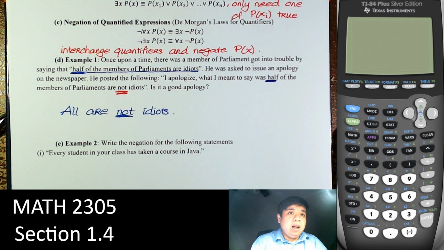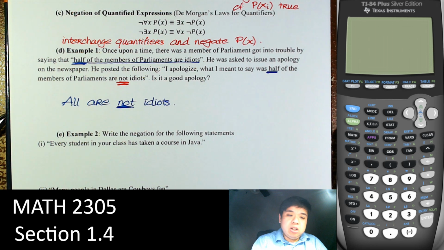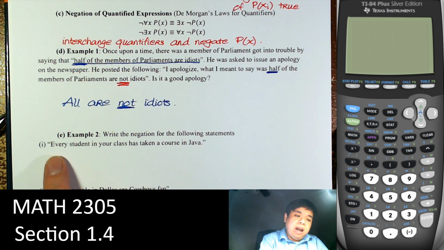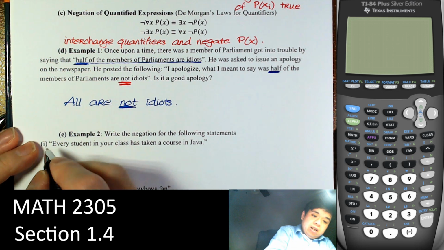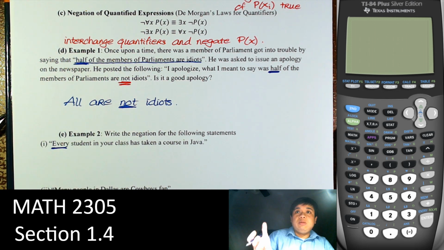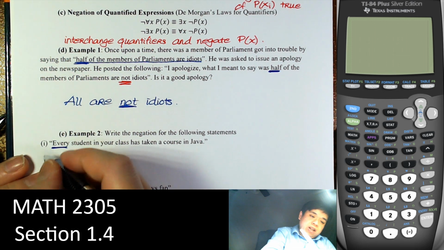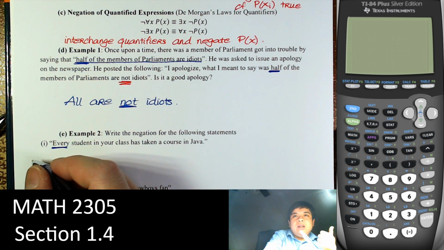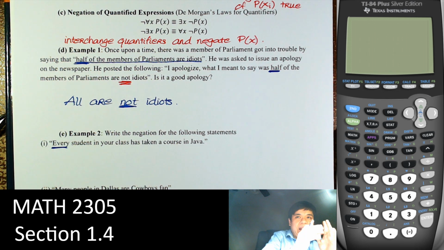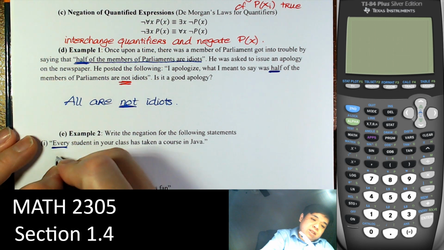Now, write the negation of the following statement. Every student in your class has taken a course in Java. We just focus on two things. Every: in that case, we change to existential. Existential could be a lot, many, some, there exists at least one. Any of those is fine, but let's just say some.